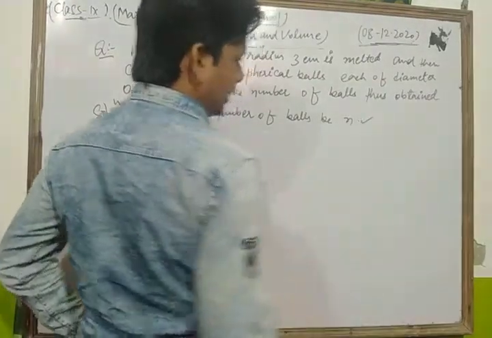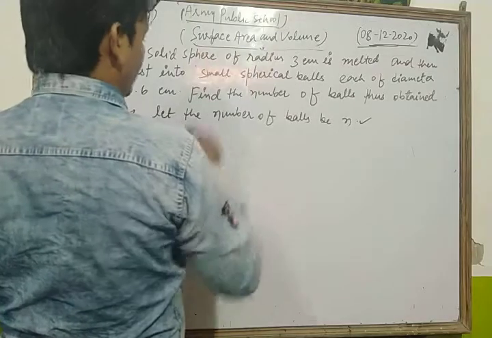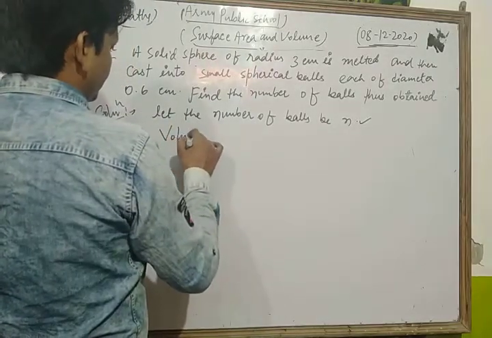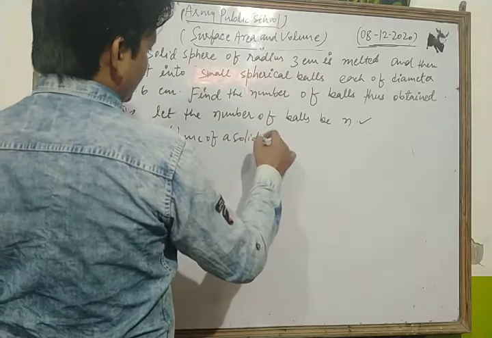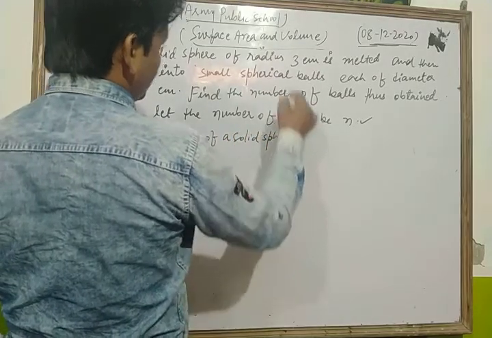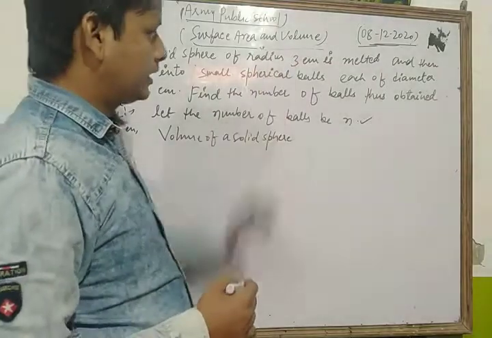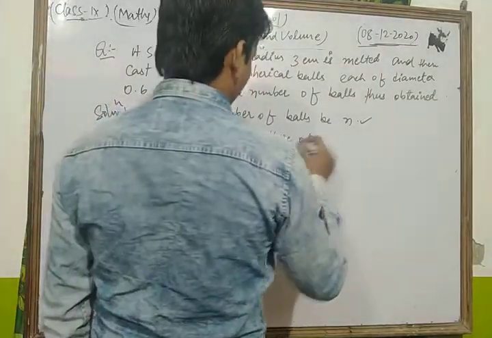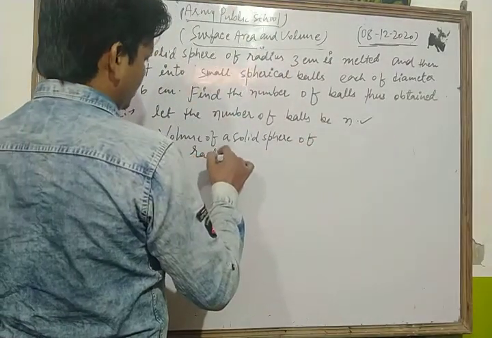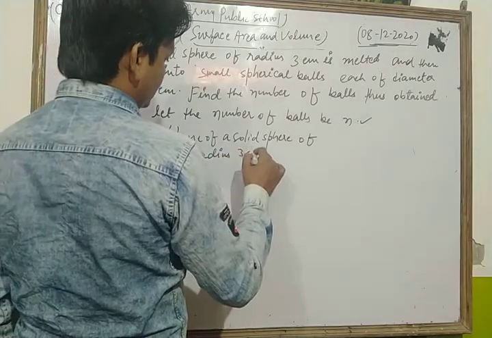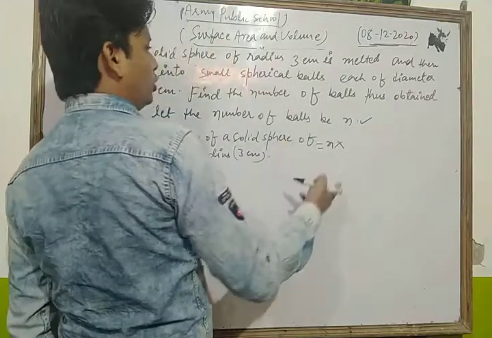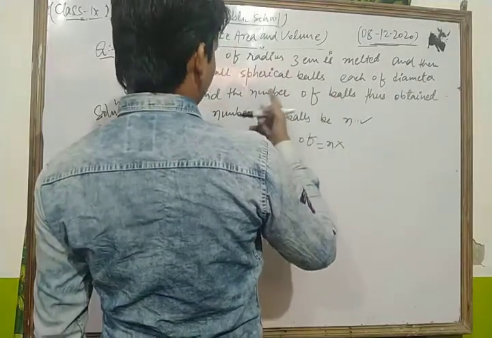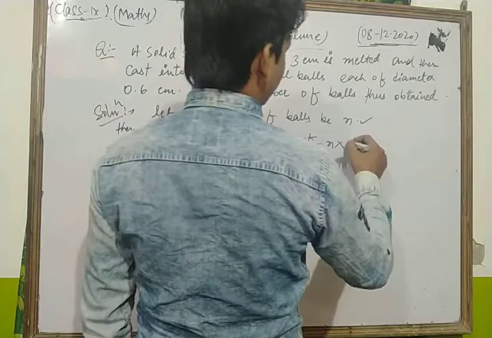Then volume of a solid sphere of radius 3 centimeter is same as n into volume of each ball.